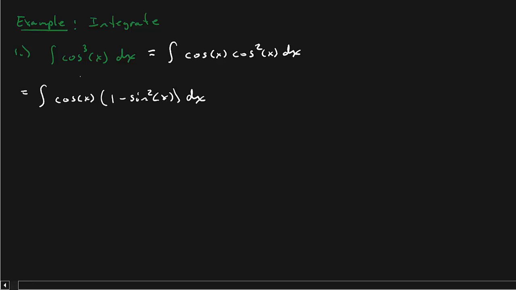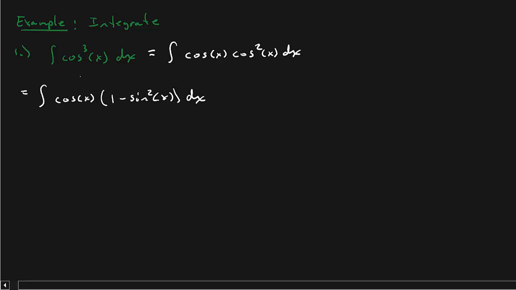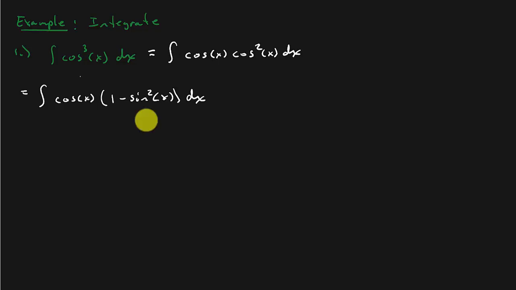All right, so now let's look at this. What's going on here? I'm going to spend a little time explaining it on this problem, because it applies to all the problems. If you can understand it here, all the other problems are going to make sense. The reason we're doing this is so we can get to the point of doing u substitution.